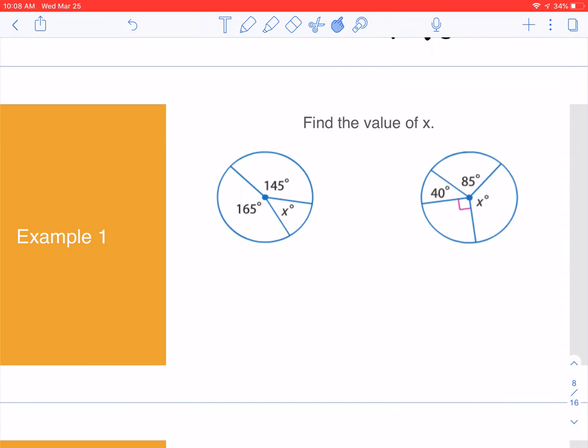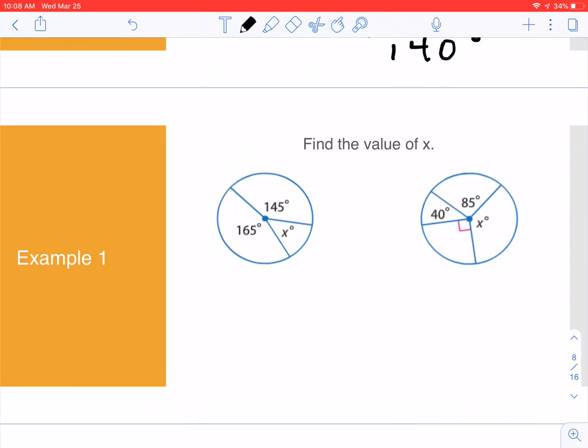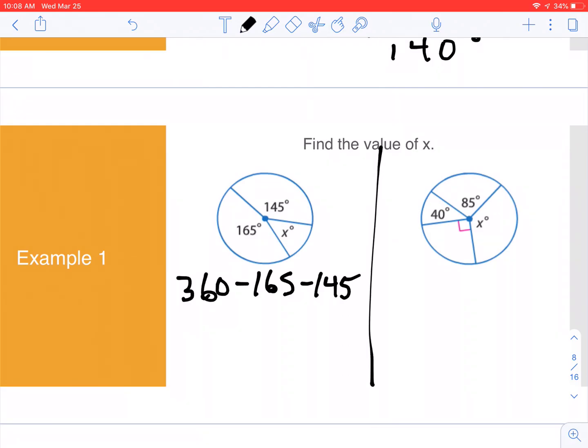Okay, so once again here, I'm going to do 360 minus 165 minus 145. Okay, over here, I'm going to draw a line down the middle. Over here, make sure we know this is 90.